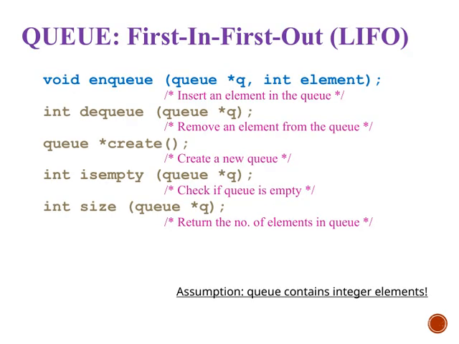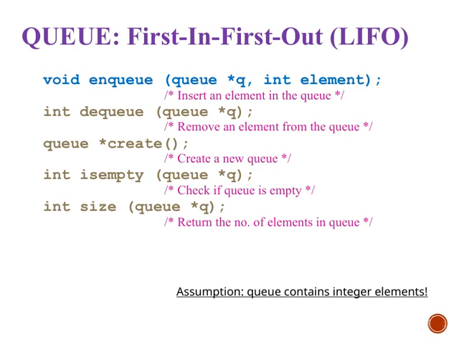Let's take a look at the key functions used to manage our queue. First, we have the enqueue function, which allows us to insert an element into the queue. Think of it as adding a new item at the end, following the first-in, first-out principle. Next is the dequeue function, which removes an element from the front of the queue, ensuring that the earliest added item is always removed first.